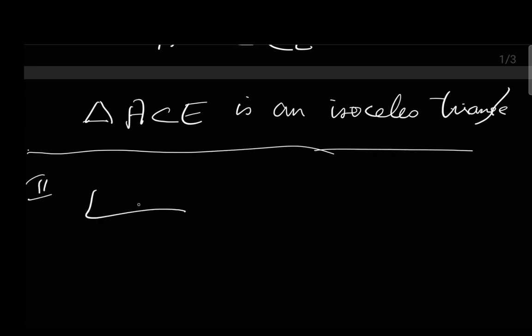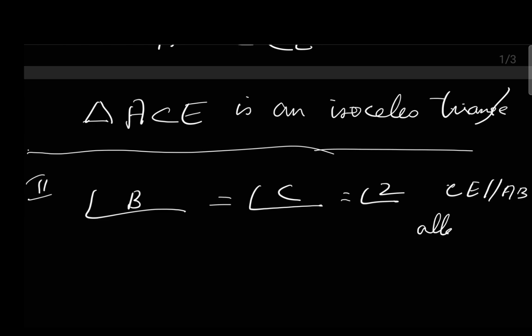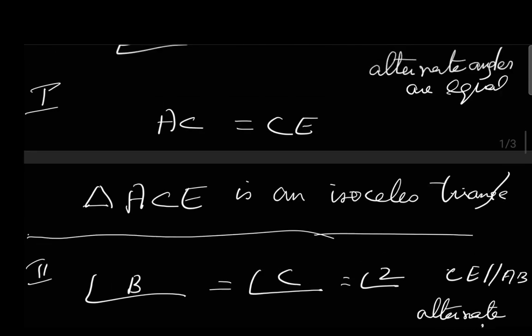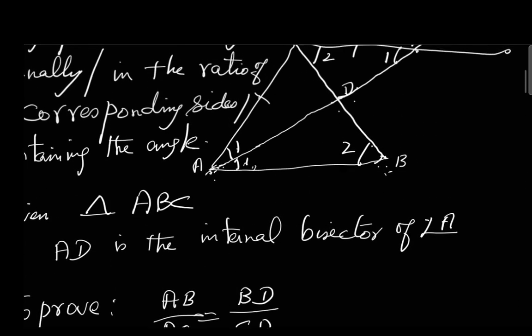This is angle B and here angle C. This is angle 2. Again you can give the reason as CE is parallel to AB, alternate angles are equal.